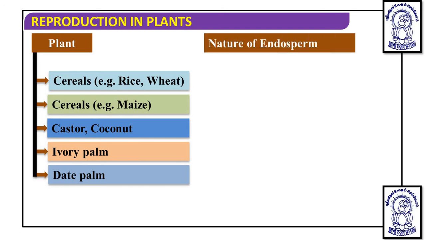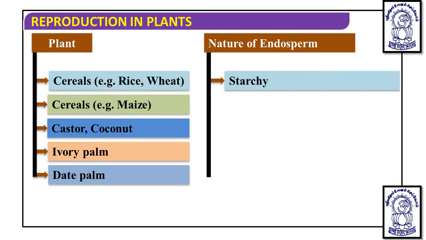So what is the nature of endosperm in all these plants? You can see that in cereals, that is wheat and rice, the endosperm food is starchy.